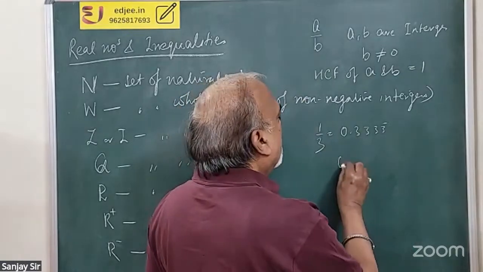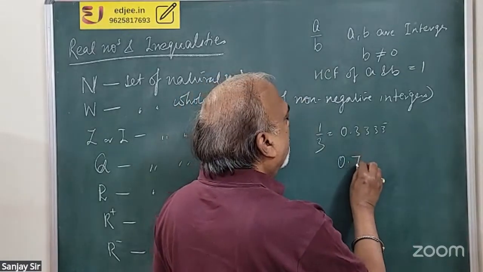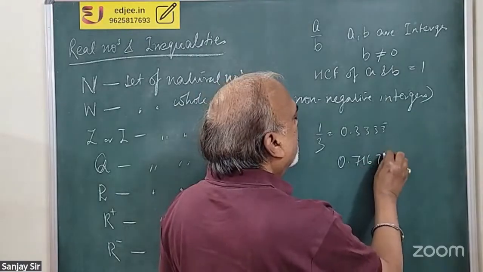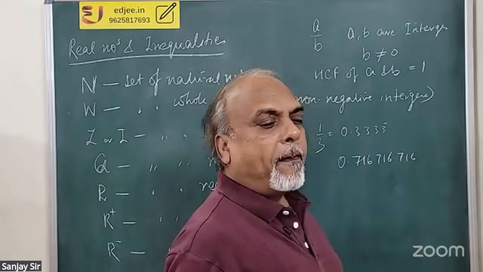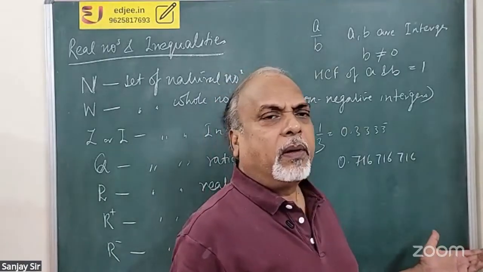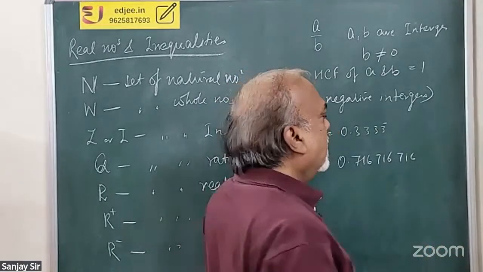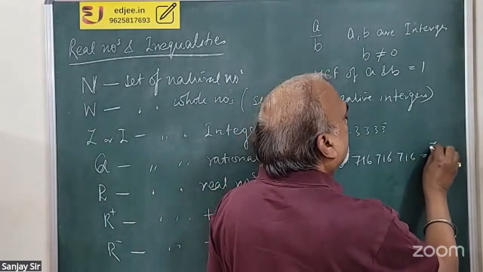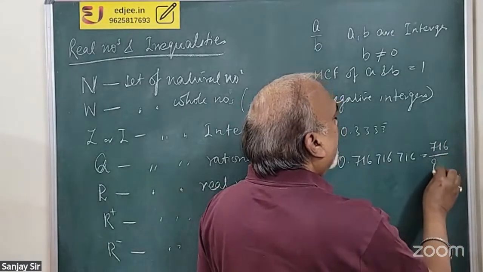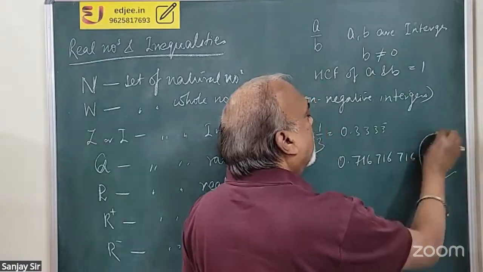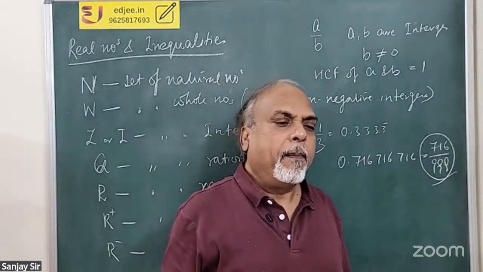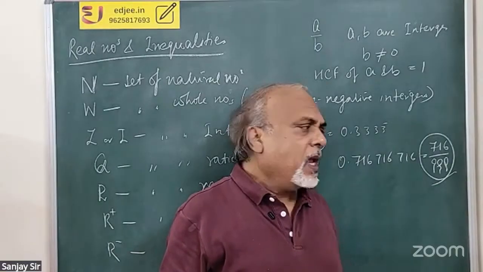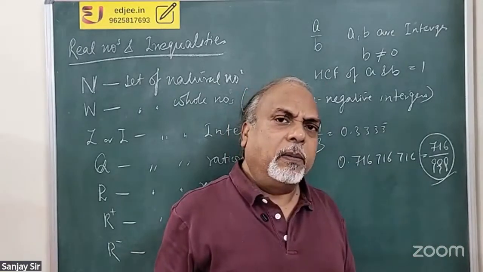Or you can write 0.716716. What is this? This is basically 716 divided by 999. This is also a rational number. Correct?